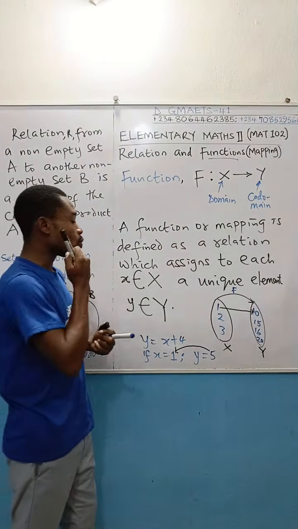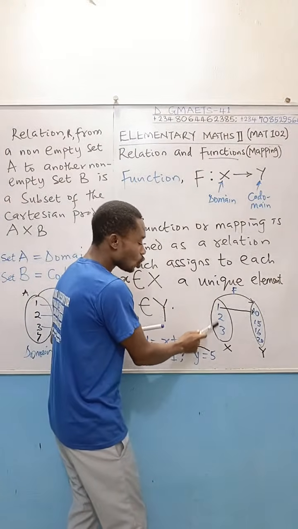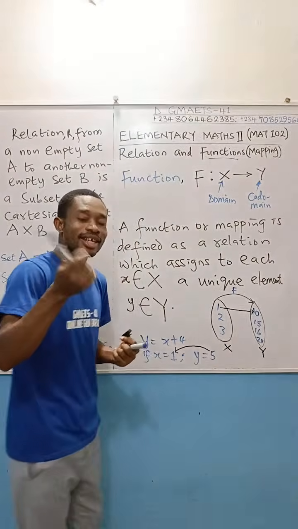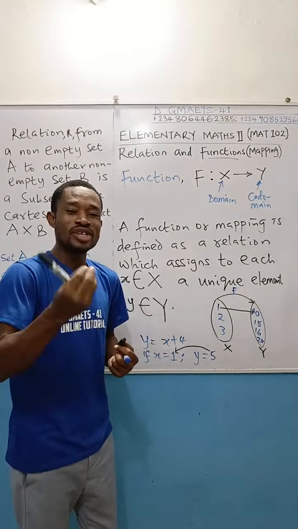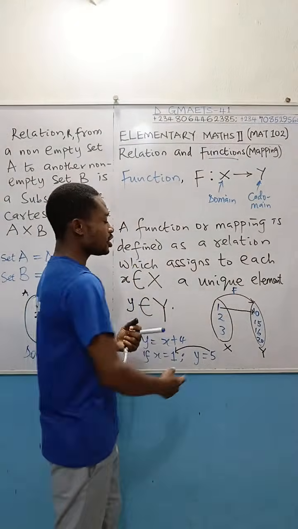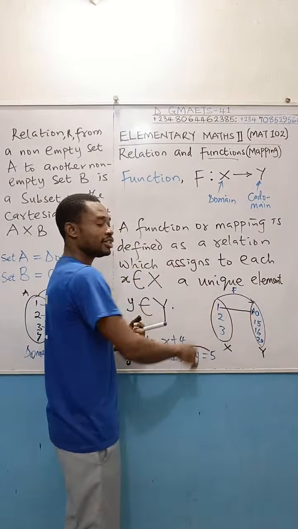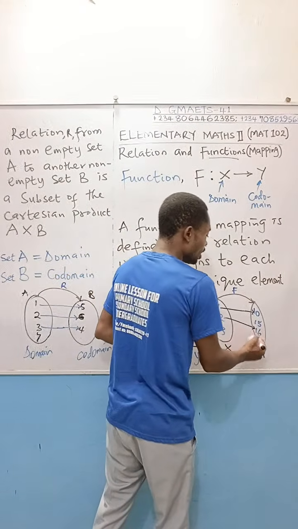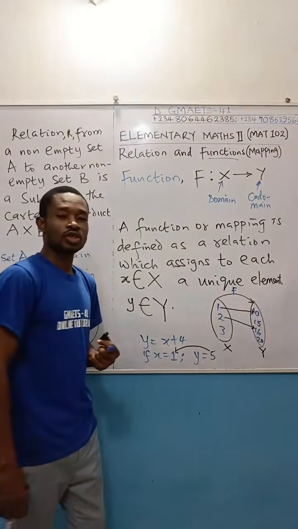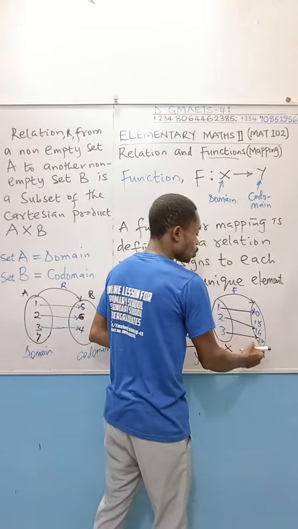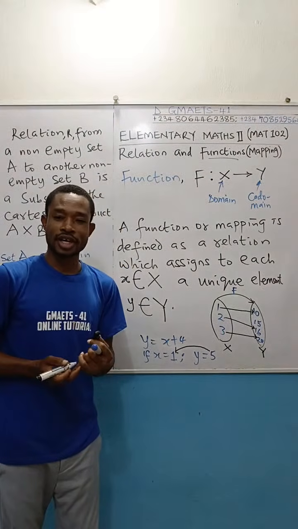Now, what a function will do is to assign to each of these elements in the domain a value, a unique value from the codomain. So in this case, 10 has been assigned to 1. 16 has been assigned to 2. 20 has been assigned to 3.